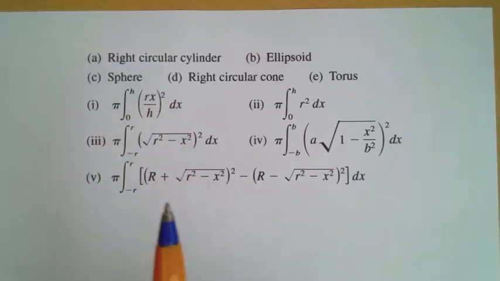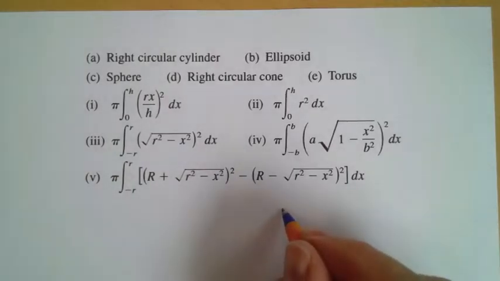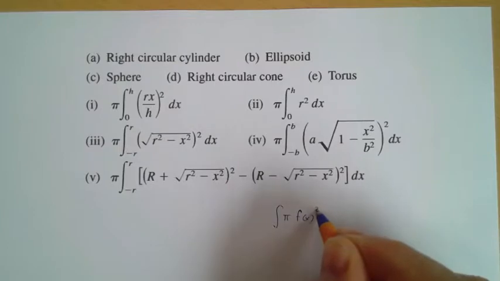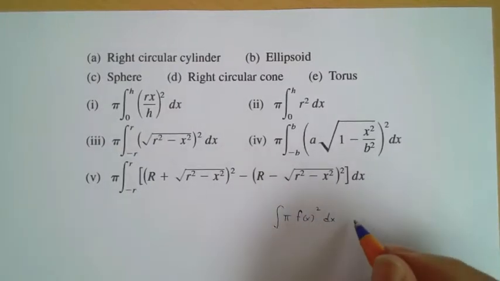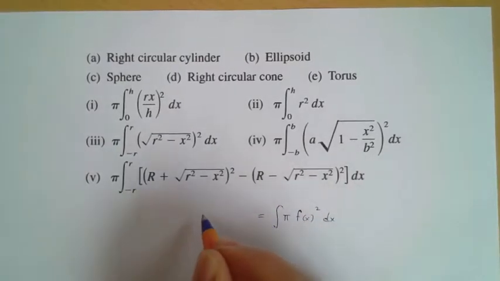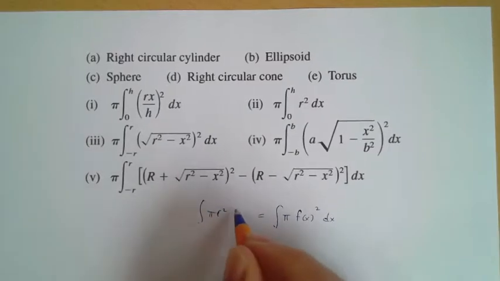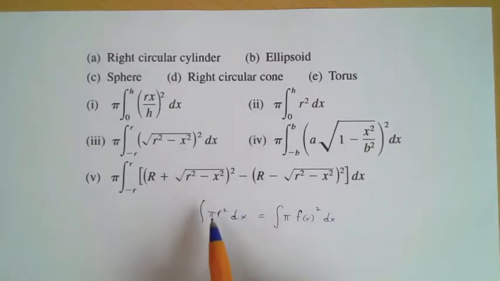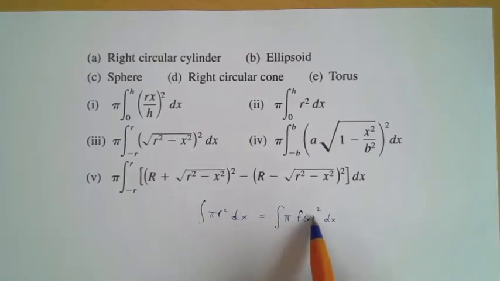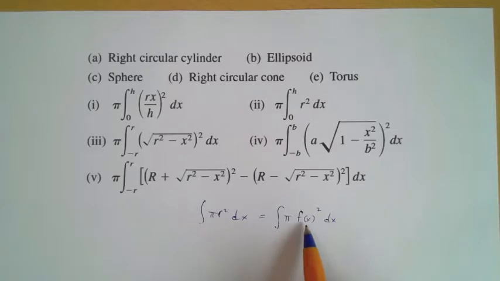We've talked a lot about the fact that we write pi of f of x squared dx, which corresponds to the integral of pi r squared dx. So I recognize this as the area of a circle, and I'm going to be able to find what the radius is. The radius is given by f of x.